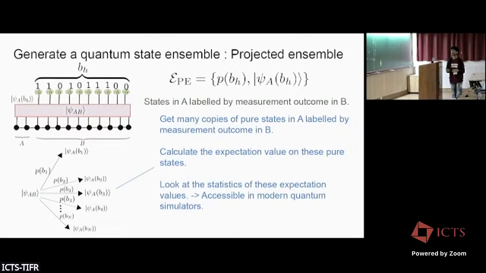If you just take the mean of all these conditional states, you will just get the reduced density matrix. But in that case, you are discarding the information regarding the path. B can be considered as a path. But we will keep the information regarding the path. So all the pure states in A are labeled by the path, the measurement outcome information in B.